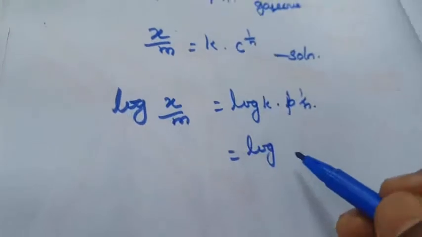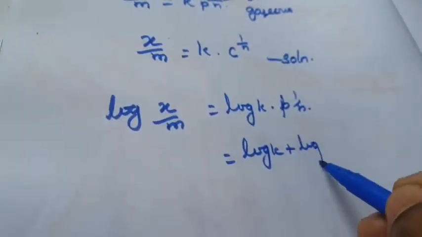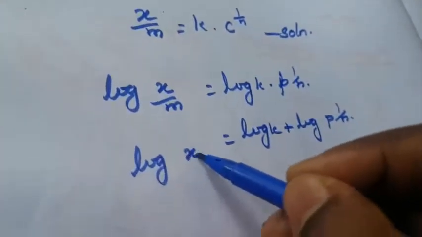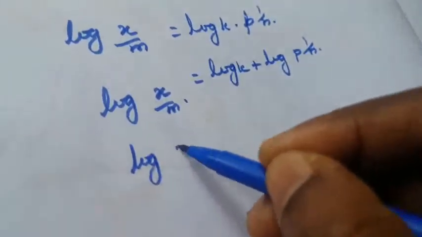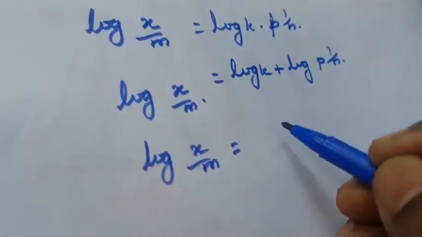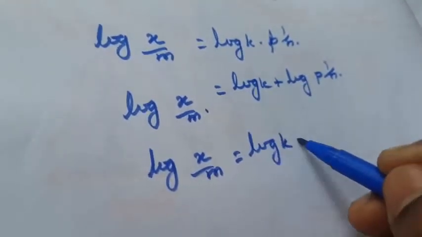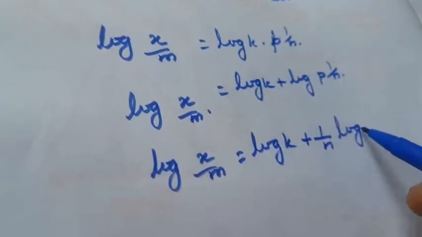For multiplication we can write plus, so that is log k plus log P to the power 1 by n. So this is also log x by m. Now again, this is log x by m is equal to log k plus 1 by n log p.